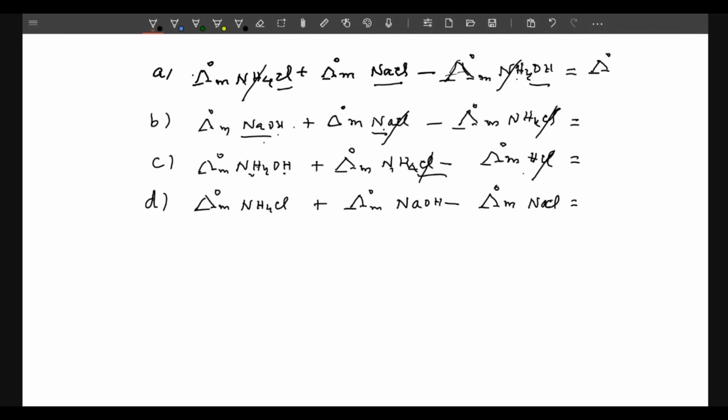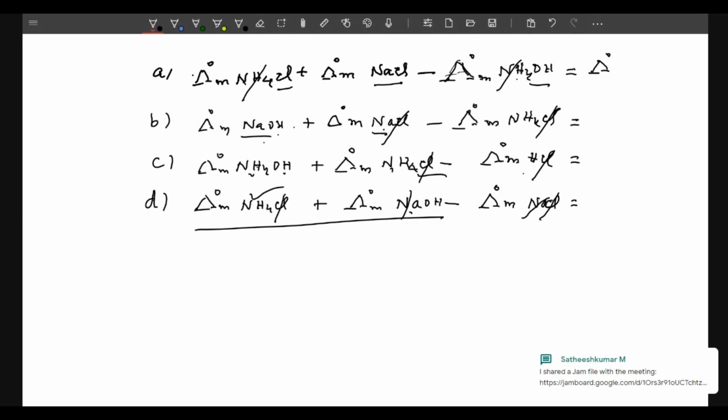Once again, no meaning. And if you put it here, ammonium ion and chloride ion get cancelled, sodium and sodium get cancelled. Therefore, what remains is ammonium and OH, which is the meaningful one, ammonium hydroxide.